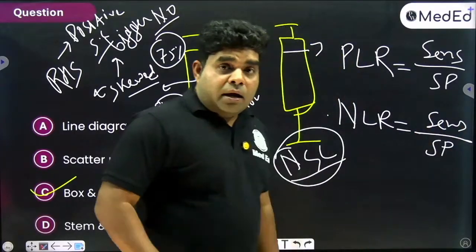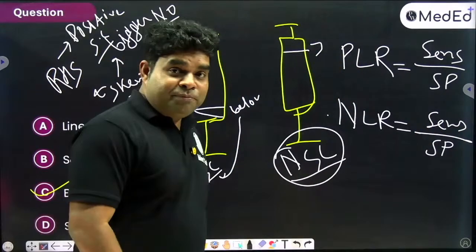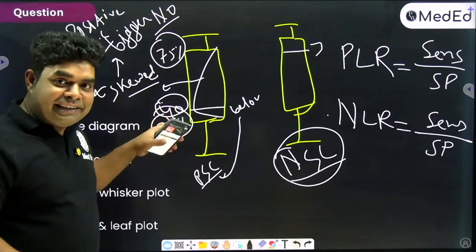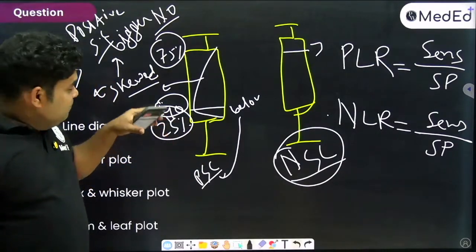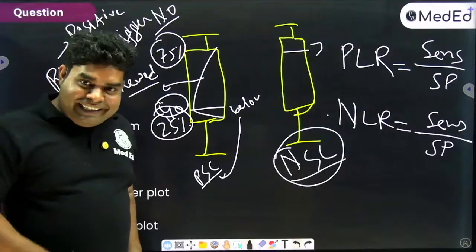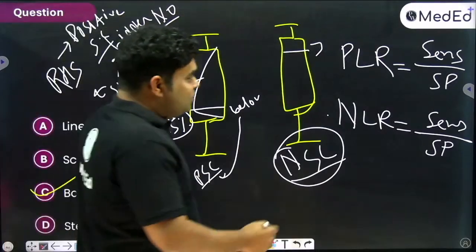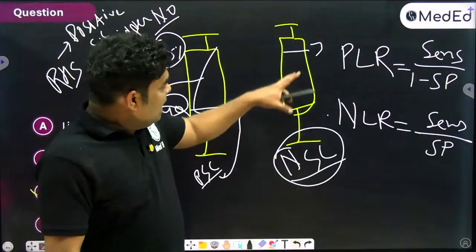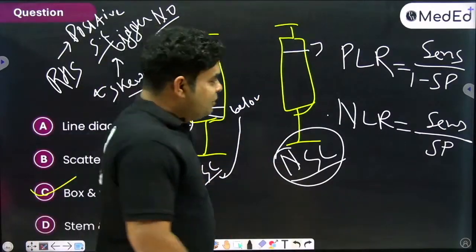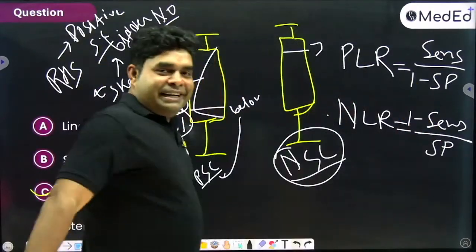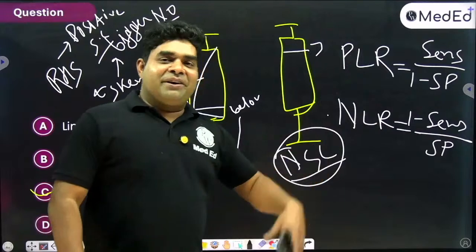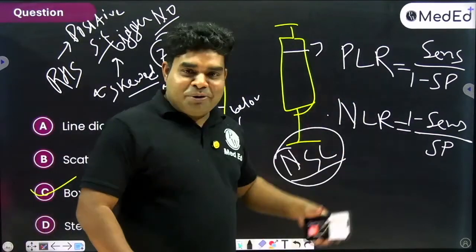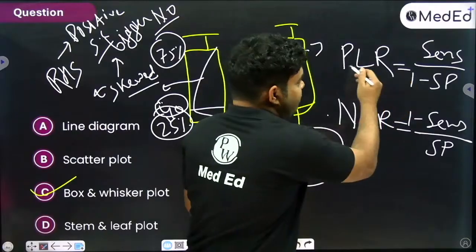But in the positive likelihood ratio, just like the positive skewed curve, where will the bar be? Where is the one minus sign, the bar sign? Bar below the belt, then we are going positive. So if you put the bar below, it becomes the positive likelihood ratio. And bar above in the head, negative skewed. So similarly, one bar above, and it will become the negative likelihood ratio formula, 1 minus sensitivity by specificity. So put bar below, positive likelihood ratio, positive skewed curve.